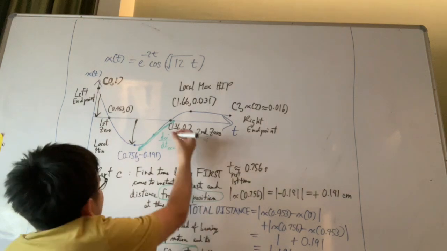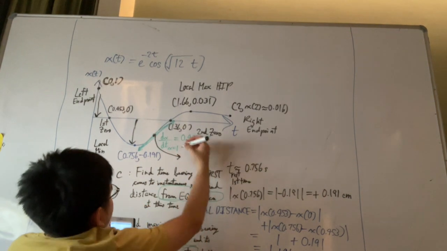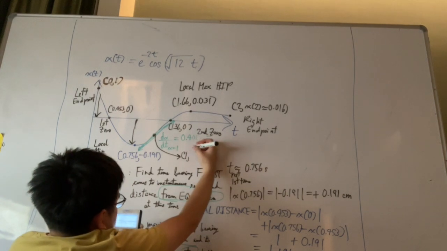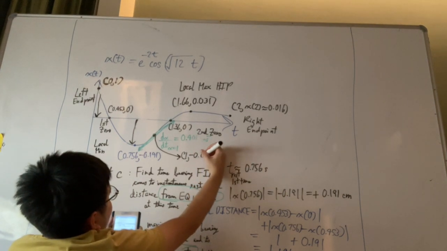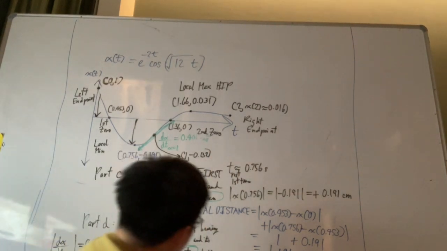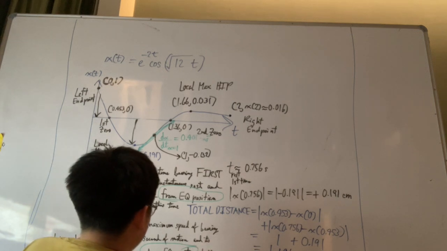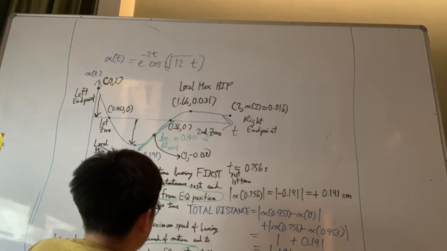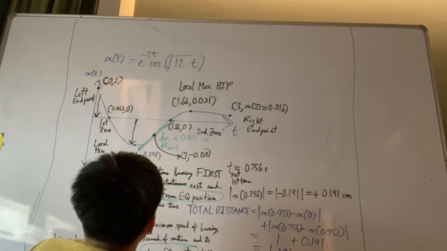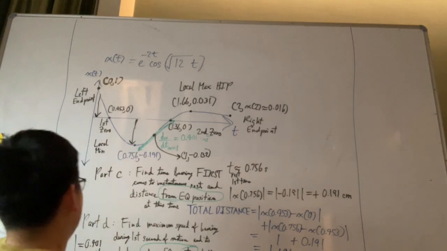So this point over here is 1, negative 0.132. So then I basically need to take the absolute value of that. Absolute value of x of 1 equals positive 0.132 centimeters in this case.